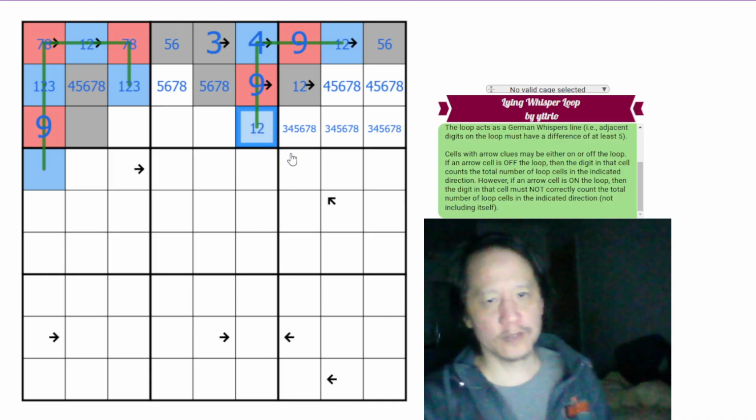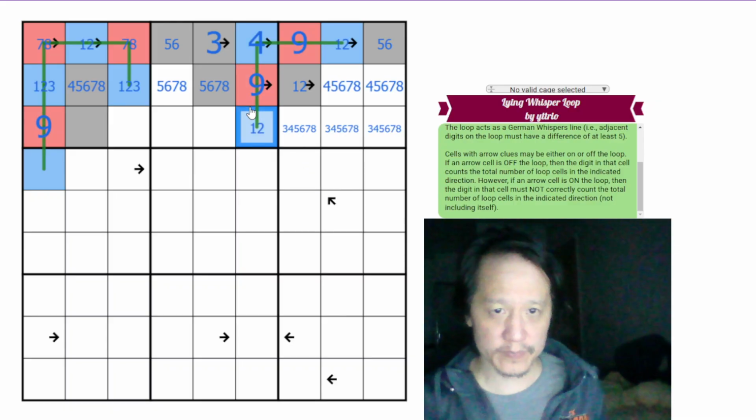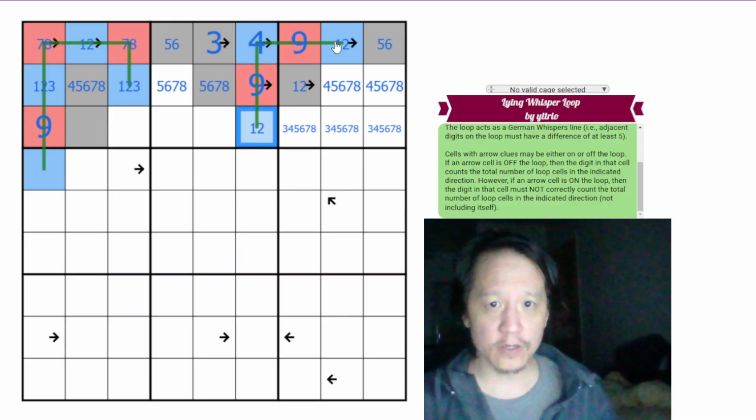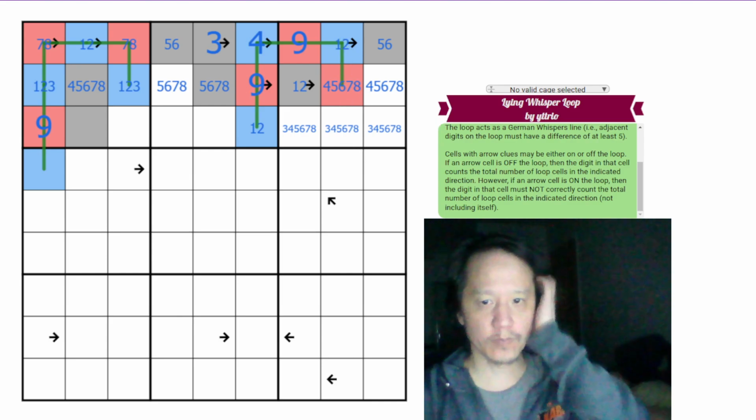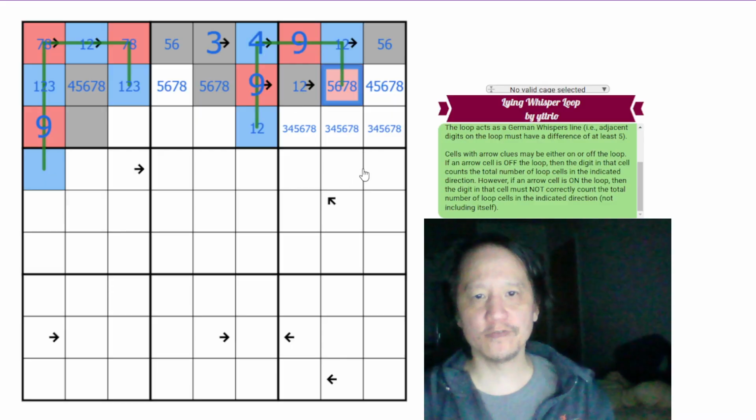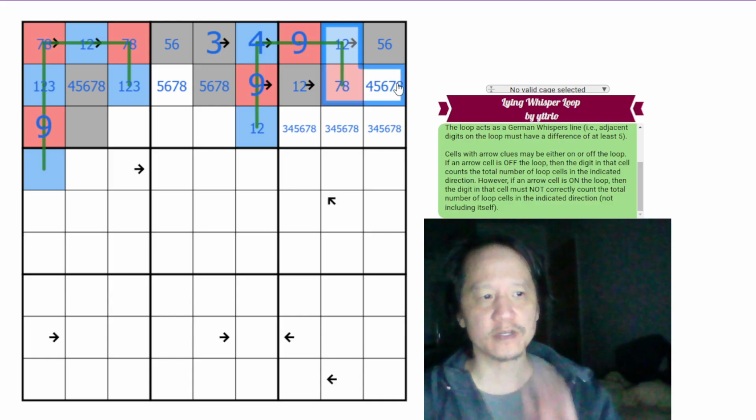Okay. This has 1 on this way. Oh yeah, this has to go this way then. So this is high. It has to go this way. So this cannot be 4, 5, or 6 because it must connect with another low.